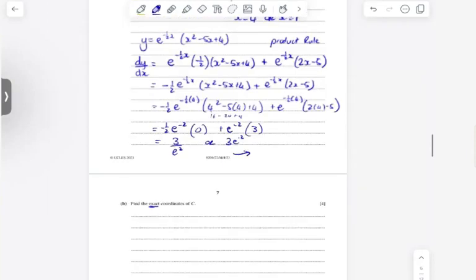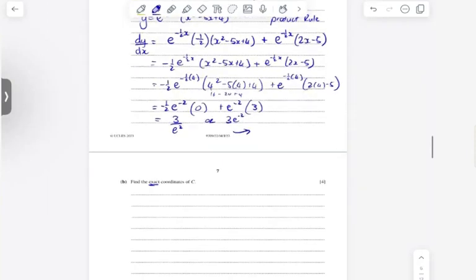Okay, so we've already got our gradient formula. I'm going to go back to this part here, and I'm going to say minus a half e to the minus half x. So the trick is, how do you solve such a thing?